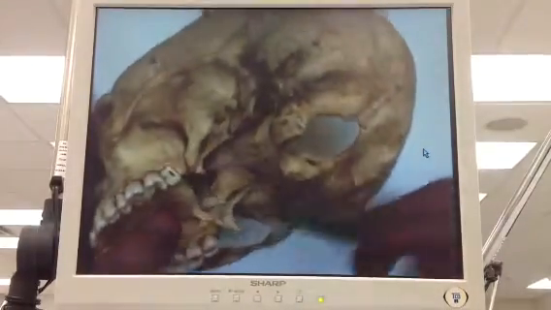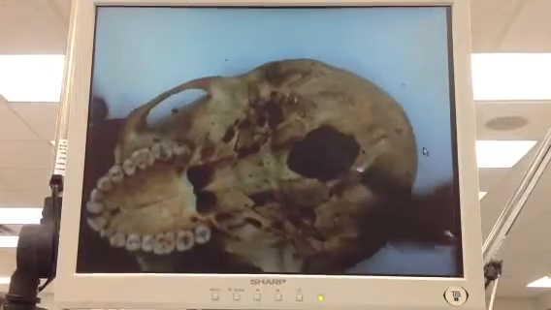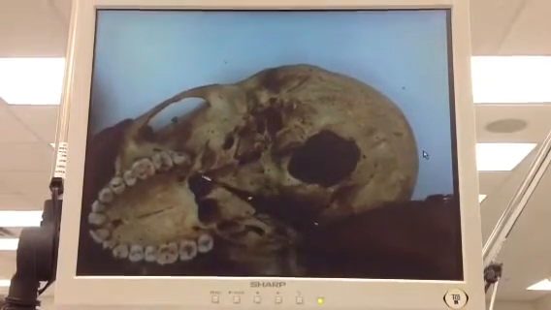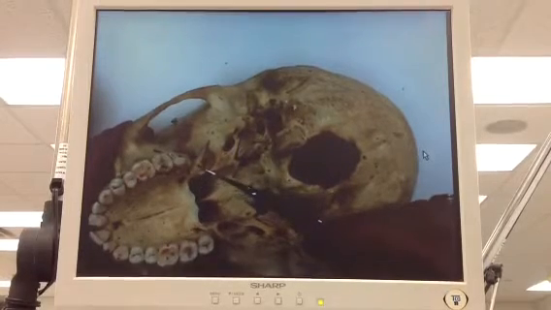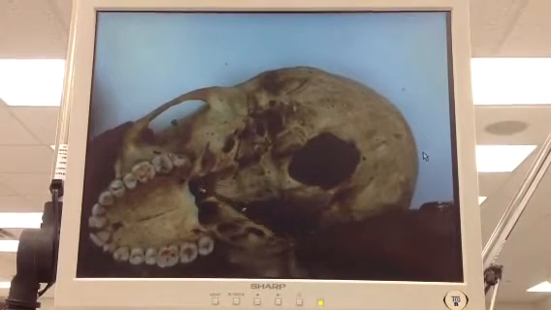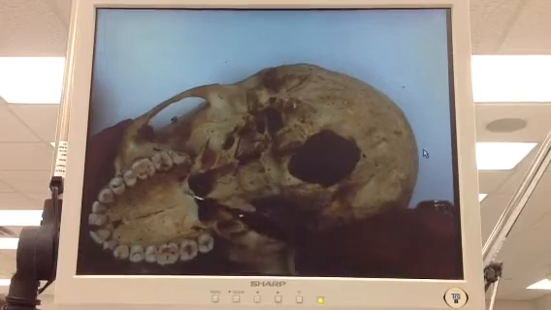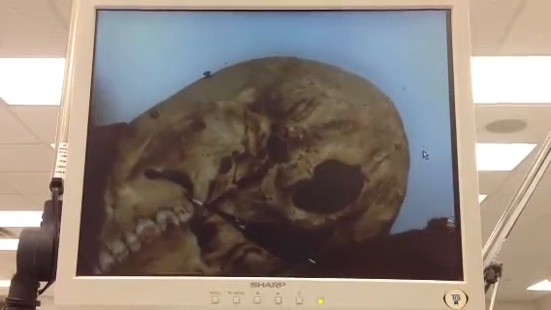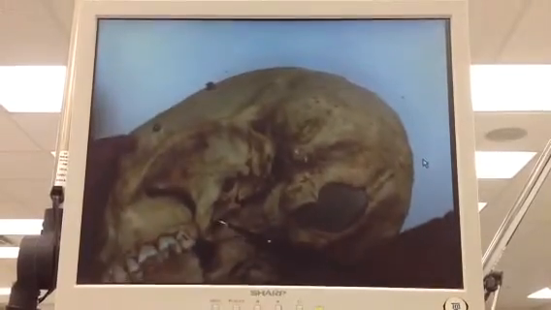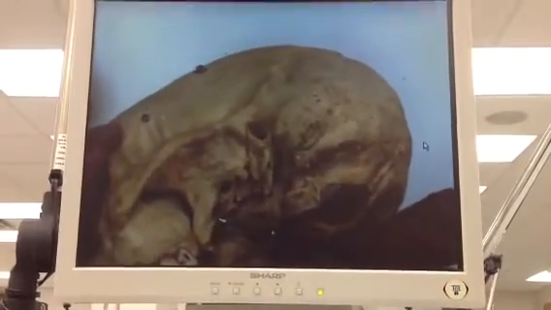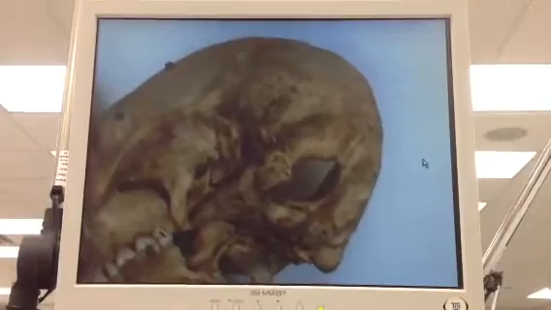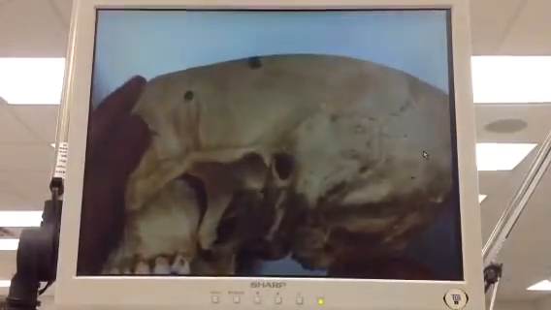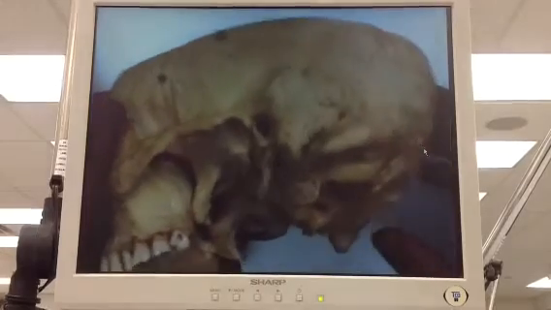And then here is the palatine bone. This structure right here, coming off from it, is the pyramidal process of the palatine bone. So pyramidal process of the palatine bone, some of the maxillary tuberosity, and some of the medial aspect of the lateral pterygoid plate is the origin of medial pterygoid. All right? So that's your four muscles of mastication and their origins.